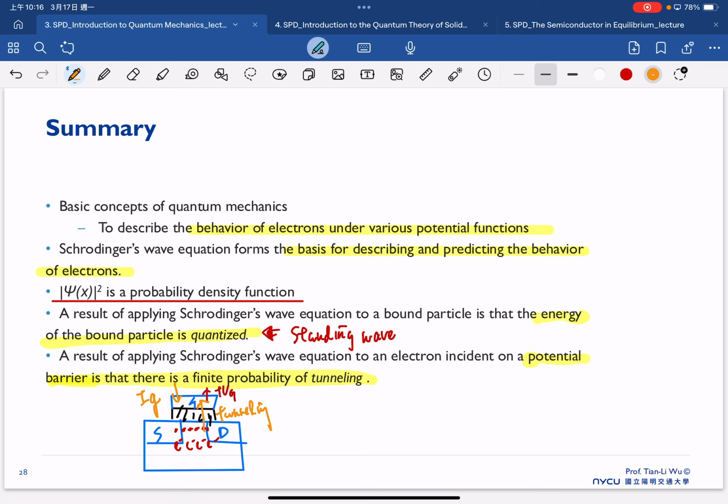So this is one example of why we really need quantum mechanics, because otherwise there's no way to understand this. And this is going to be very useful because in the end, we will use a Venn diagram to understand this, because we will not draw the device schematic every time.